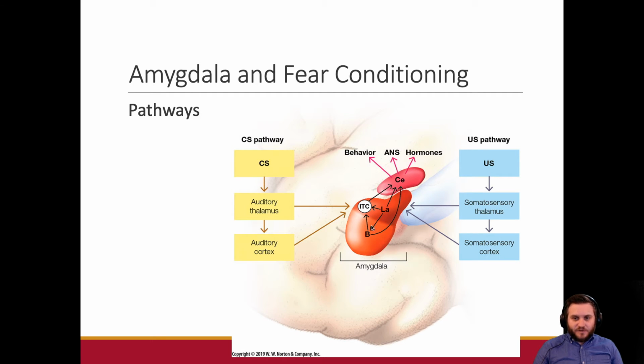And then you can see those structures that I mentioned. You've got the basolateral, the lateral, and the central. Basolateral is BLA, lateral is LA, and CE is central. Behavior, ANS, and hormones all come from CE. So central sends out the information to the various places that it needs to go, and the basolateral and lateral areas receive information.